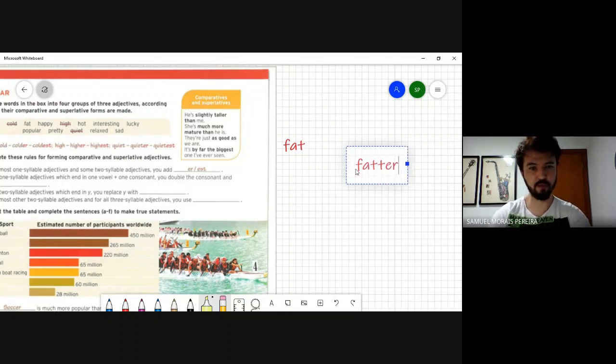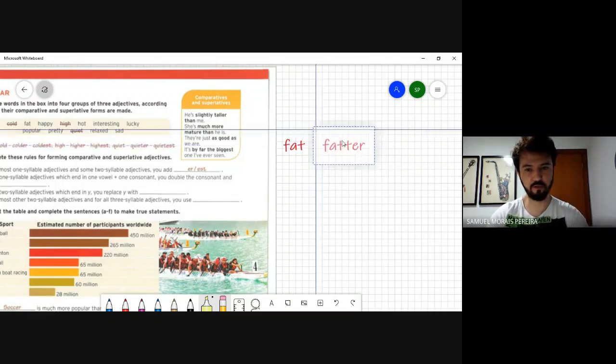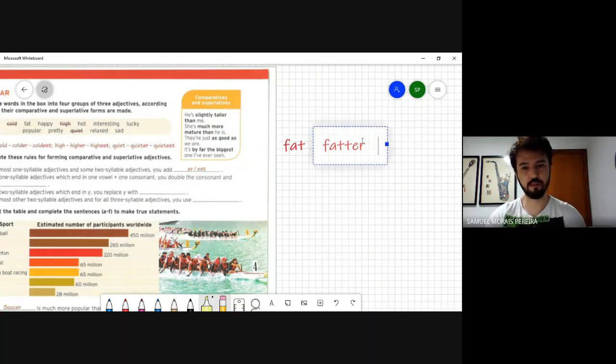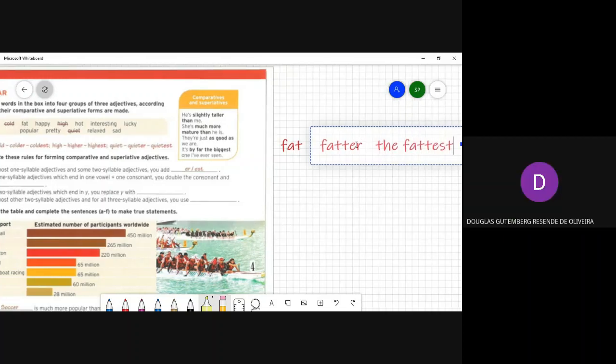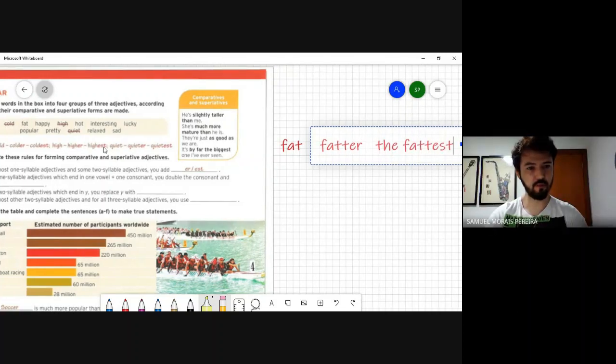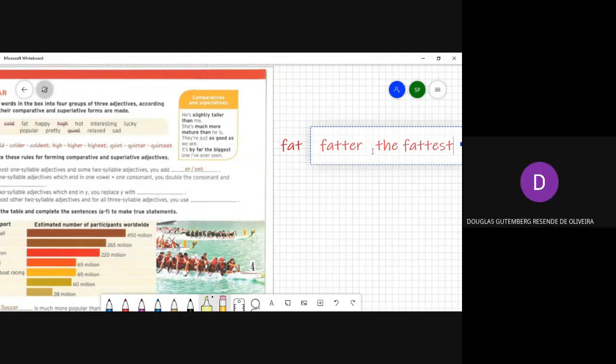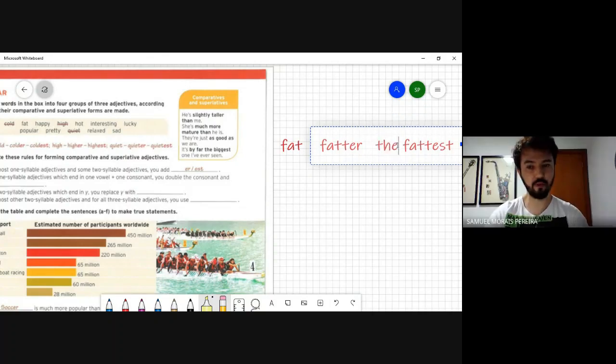Yes, fatter than, né? Que seria o than, só que aqui eu tô pondo só o adjetivo no comparativo, né? E como seria o mais gordo, Douglas? Fattest. The fattest, né? O exercício de vocês aqui não tá pondo o the, tá bom? É isso que eu ia falar. Eu não tô falando porque no exercício não colocou. No superlativo, a gente sempre põe o the, tá bom? É que o exercício não pôs, tá bom?